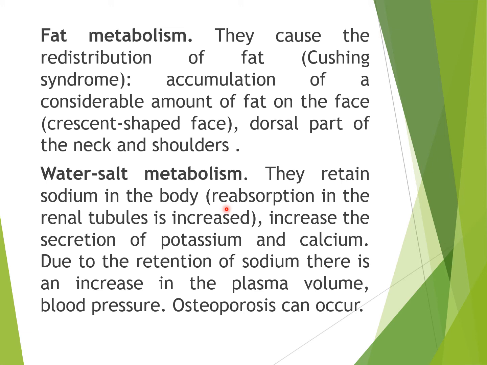Also, glucocorticoids increase the secretion of potassium and calcium. So, glucocorticoids can cause hypokalemia. It means a decreased level of potassium. And also, glucocorticoids prevent absorption of calcium in the gastrointestinal tract and lead to increased secretion of calcium by the kidneys. So, due to the retention of sodium, they increase the plasma volume that I told you about, increasing blood pressure.